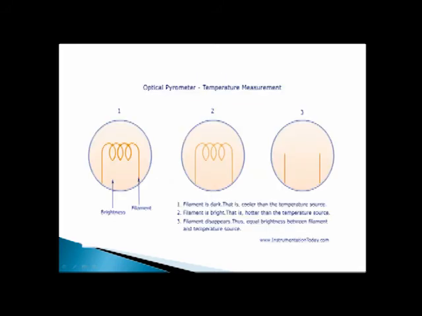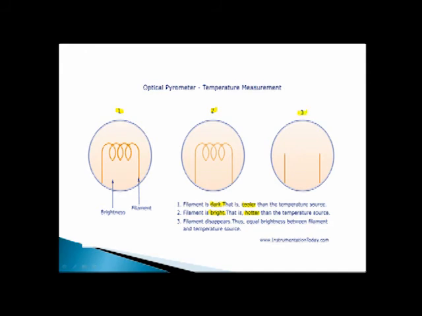The change in current can be observed in three different ways. First, the filament is dark, which indicates that the filament is cooler than the temperature source. Second, the filament is bright. It indicates that it is hotter than the temperature source.